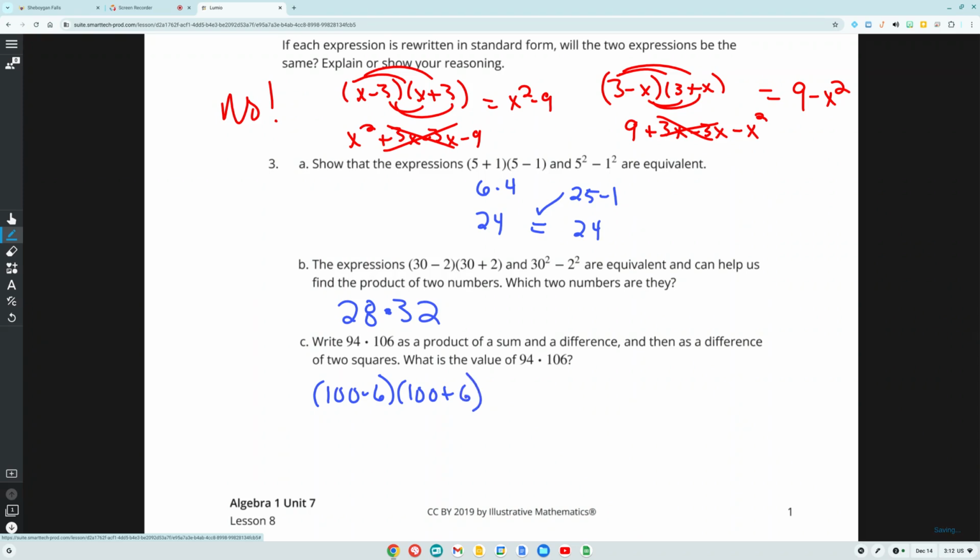And I also need to write them as a difference of squares, which means I can write this as 100 squared minus 6 squared. And I actually need to figure out the value. Well, 100 squared is a big number. It's 10,000. 6 squared is 36. So I really have 10,000 minus 36, which is just 9,964.